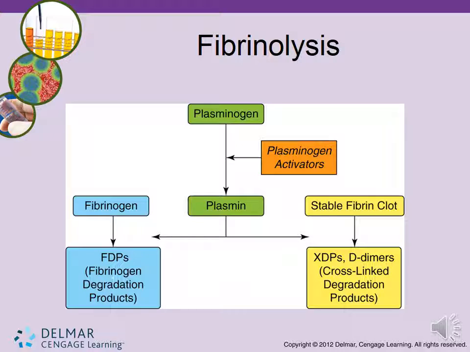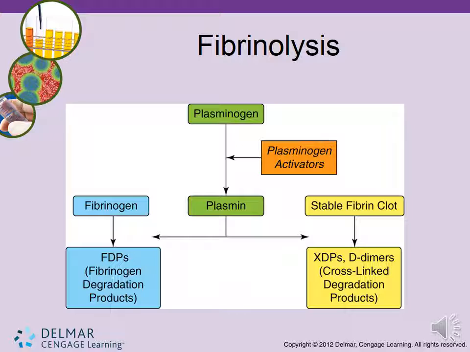So, how does this clot dissolve? This is the process called fibrinolysis. You have your fibrin clot, and then it needs to be broken down, or lysed. Plasminogen is involved in this. It activates plasmin, and plasmin is the principal component of our clot-lysing system.